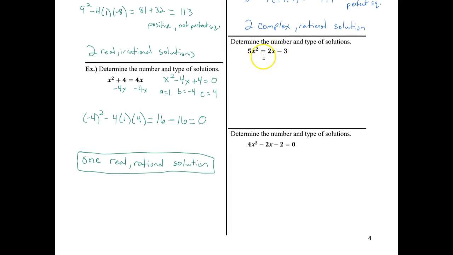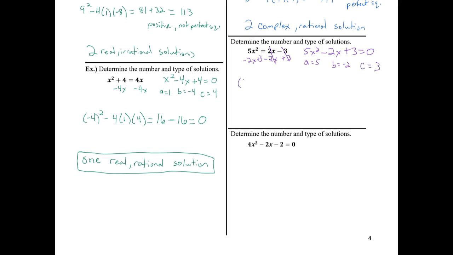Alright, in the next example, this is not in standard form, so I need to get everything on one side. I'm going to subtract 2x, subtract 2x, add 3, add 3. This gives us 5x squared minus 2x plus 3 equals 0. That means that a is 5, b is negative 2, and c is 3.